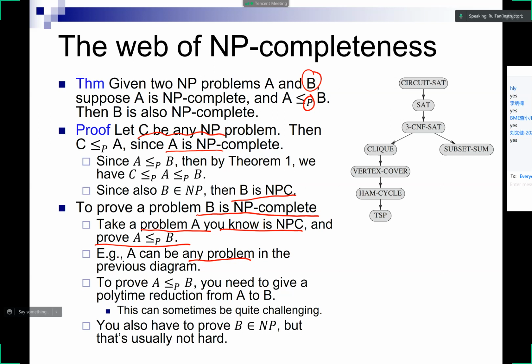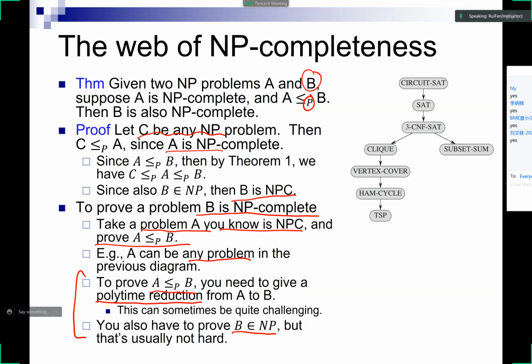You can pick any problem you want, as long as you can prove this reduction. In order to prove this, you need to give a polynomial time reduction from A to B, and sometimes this is kind of hard to do. But as long as you can come up with this reduction, and also prove that B itself is in NP, but usually that's not so hard to do, then once you do these two steps, this shows that B is NP complete. Any questions about this?